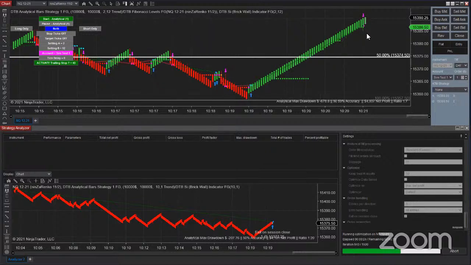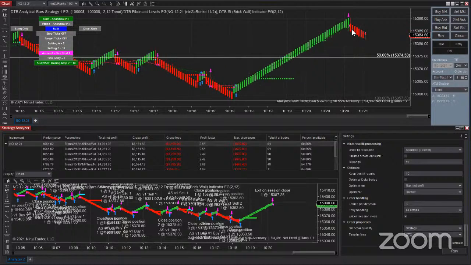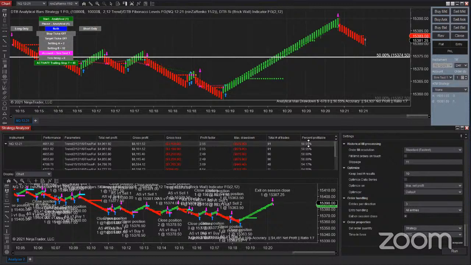If you don't have a trailing stop attached to your position, like we've got over here, just by pausing it, it will exit, but it won't close your strategy. It'll just take your position that you're in, close it off, and then act on the next signal that comes up, which over there works beautifully because immediately at that point, there was a turnaround.